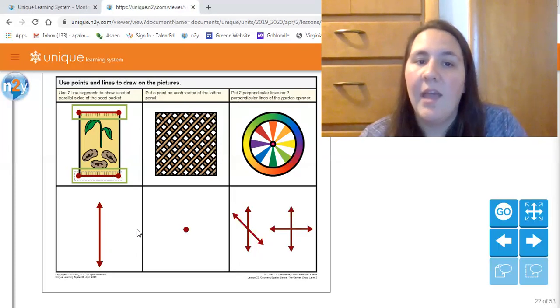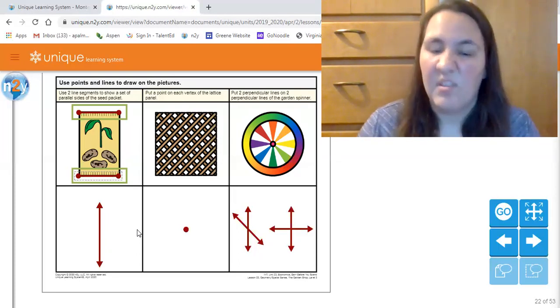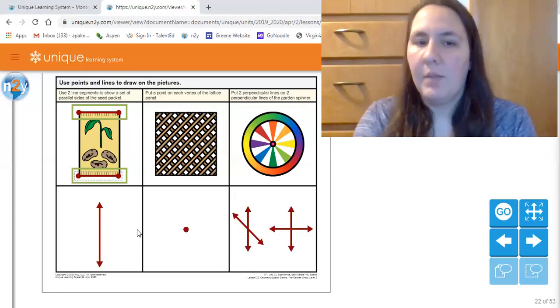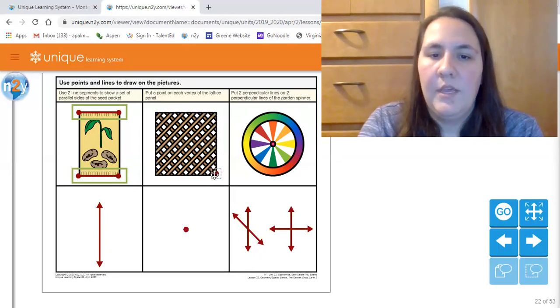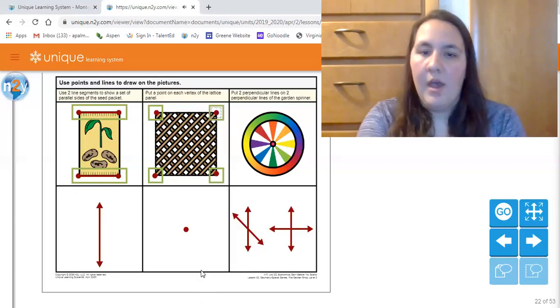The next one says, put a point on each vertex, just like we did on the last one. That's easy peasy, right? So with your finger, touch and show me, where should I be putting points? Good, I see one finger here. I see a finger up here. I see a finger down here, and I see one up here. Beautiful job.